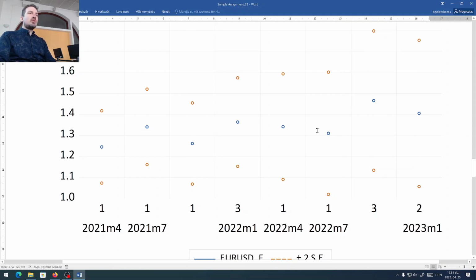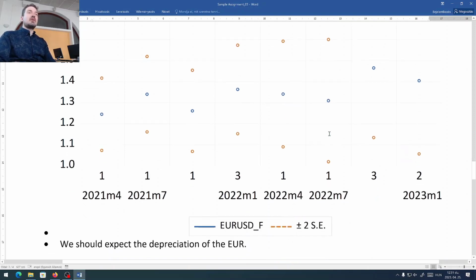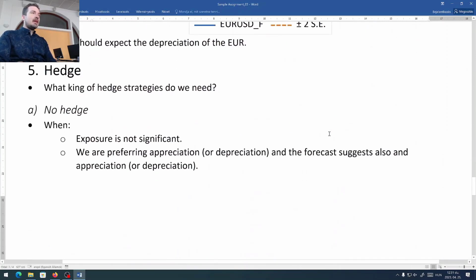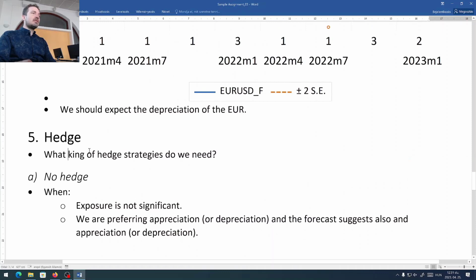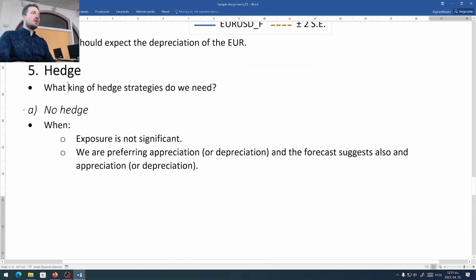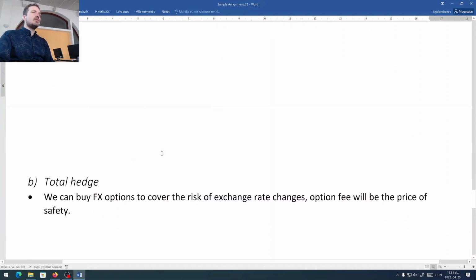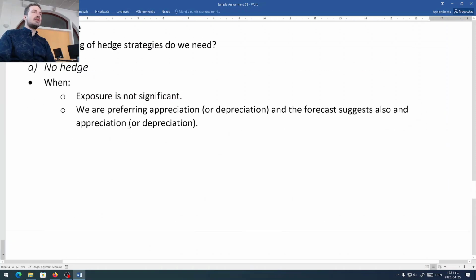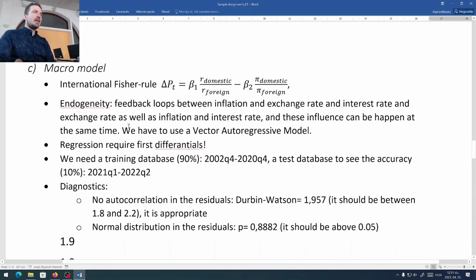So the euro will be relatively strong against the US dollar, which is nice. And after that we can make the hedging decisions. If the exposure is not significant, or the preferred direction is expected, then we can say that we don't want to deal with this at all, or otherwise we can buy options, hedge, roll the positions, and then who cares about the rest.